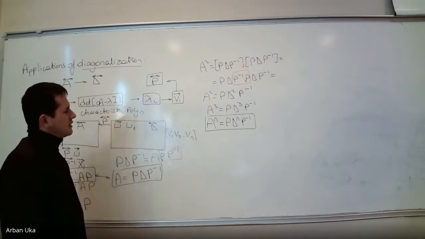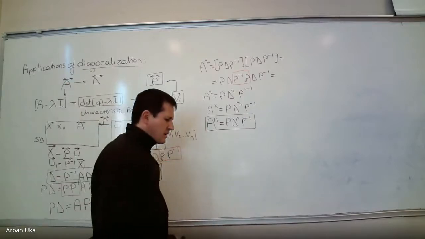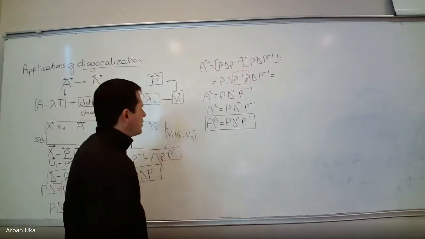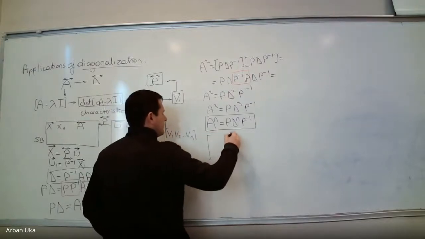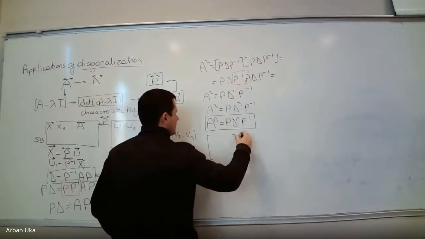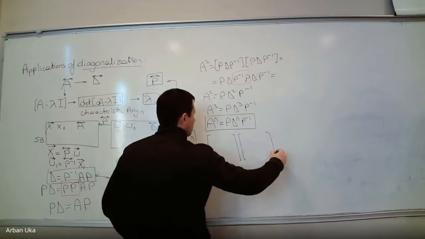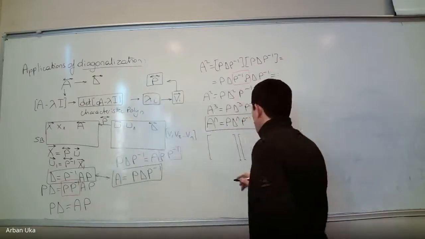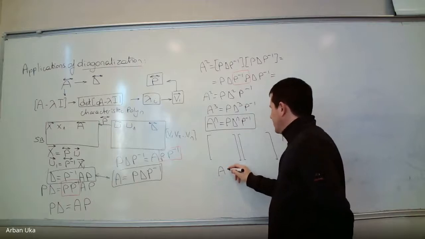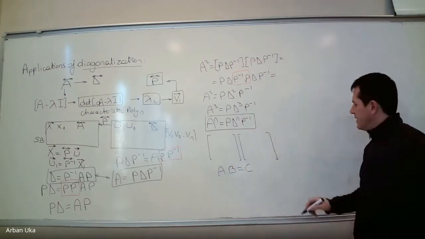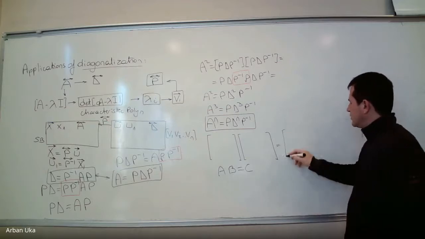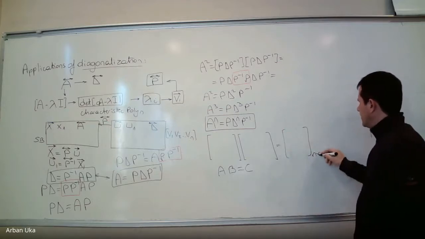And regarding this, we know that for any multiplication of two matrices that are n by n, okay, let's assume we have a matrix A times a matrix B, equal to a matrix C, and so this is n by n.